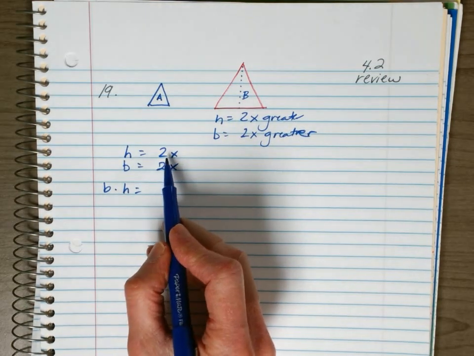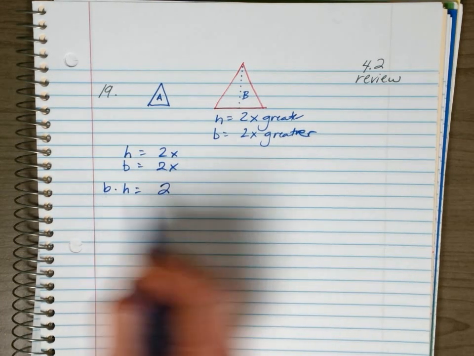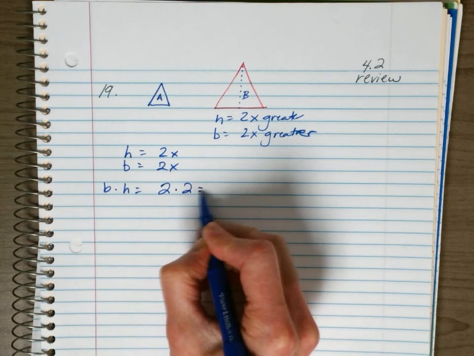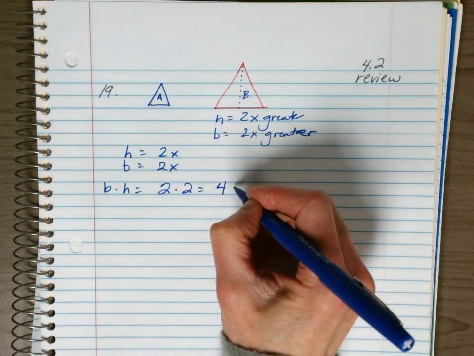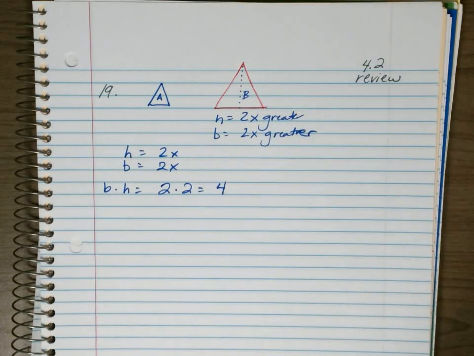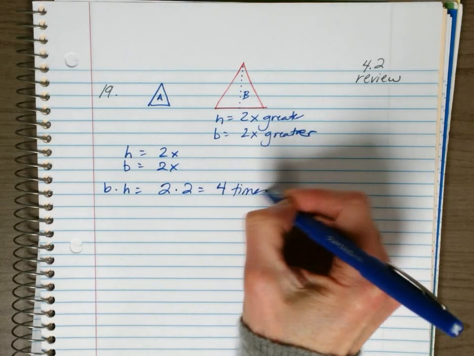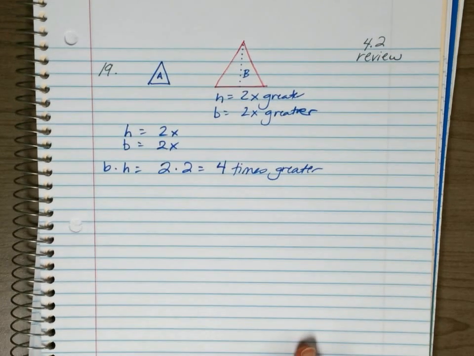So it's 2 times greater for height, and 2 times greater for base. So it's 2 times 2. That gives you 4 times greater. You have to remember that each one of the dimensions is multiplied by itself, base times height. So 4 times greater. All right, did we have questions on that one?